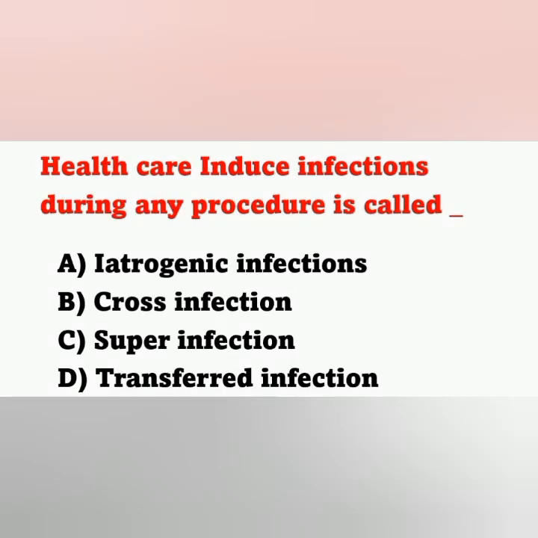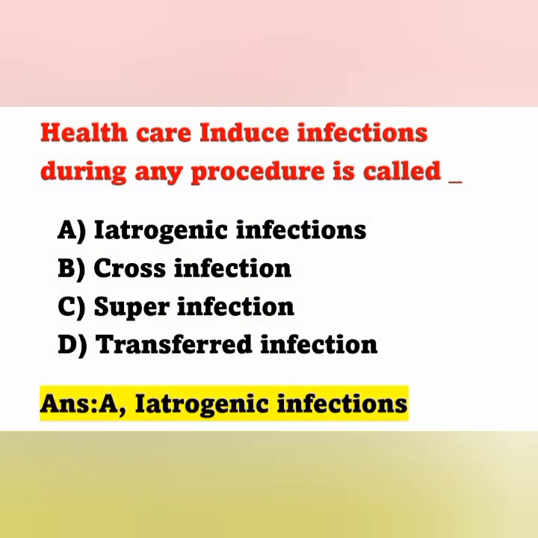Healthcare-induced infections during any procedure are called: option A, iatrogenic infections; option B, cross infections; option C, super infections; option D, transferred infections. The correct answer is iatrogenic infections. Iatrogenic infections are infections which occur as a part of treatment, that is, during any invasive procedure or at the time of any diagnostic test.